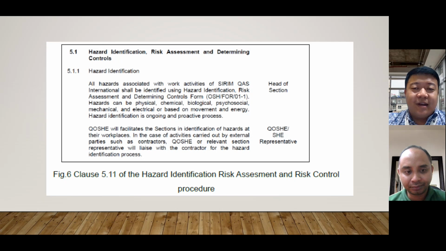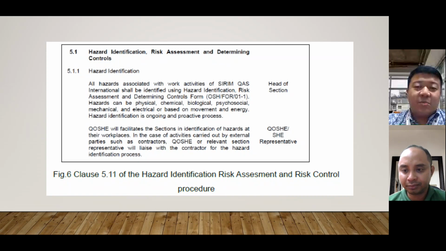But it doesn't clearly state how they identify it, how they arrange all the work processes in order to identify this type of hazards. From this document itself, the only clause that talks about hazard identification is clause 5.11, and in my opinion, it's very brief.